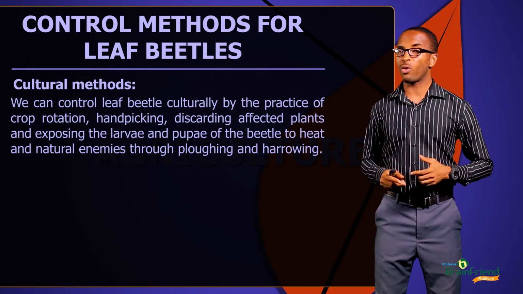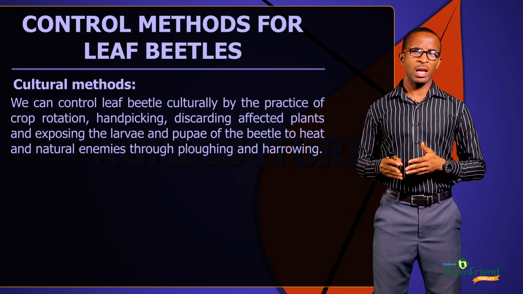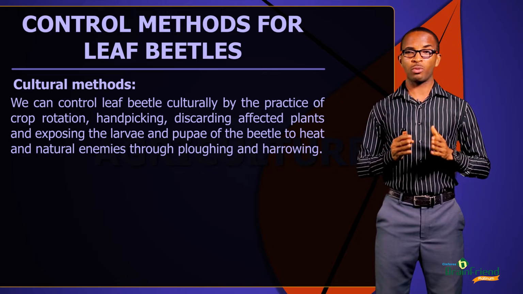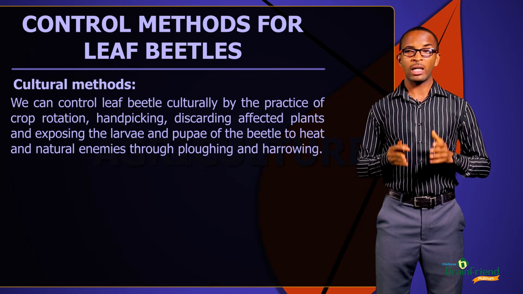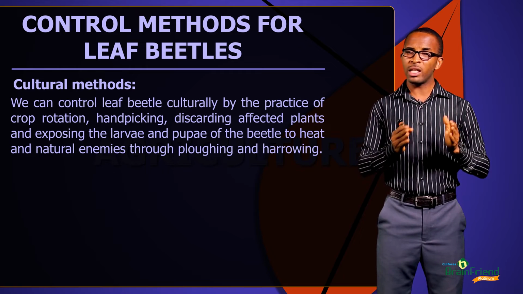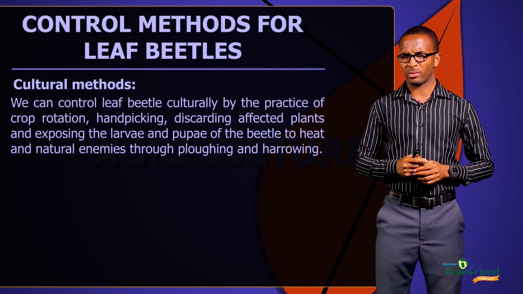Culturally, this weevil can be controlled through crop rotation, hand picking, discarding affected plants, and exposing the larvae and pupae of the beetle to heat and natural enemies through ploughing and harrowing of the ground. These are the ways that these beetles can be controlled.